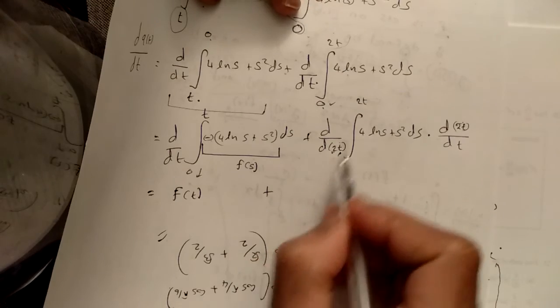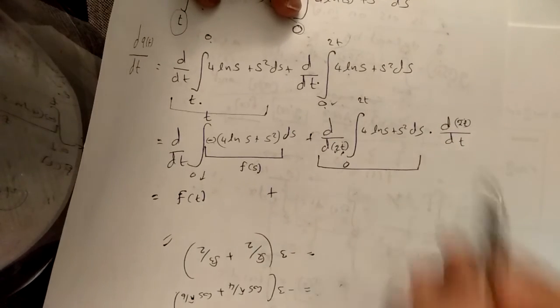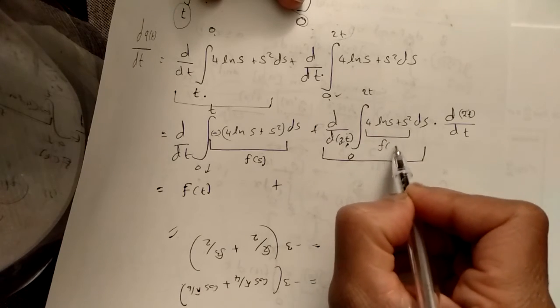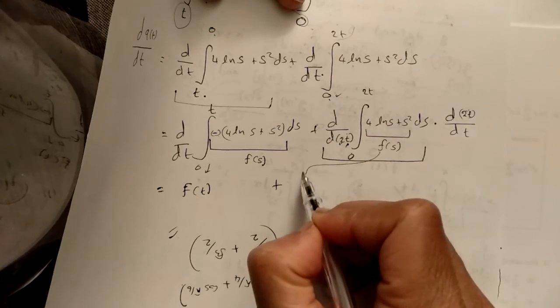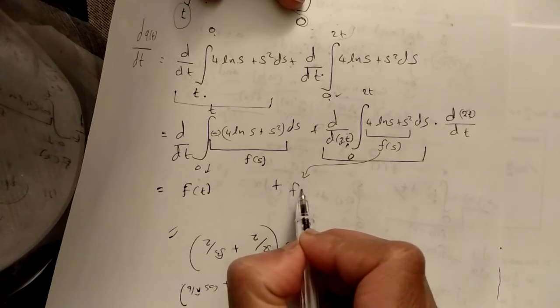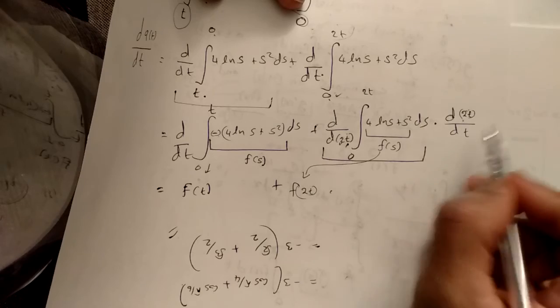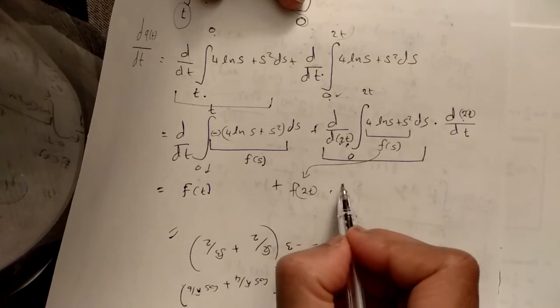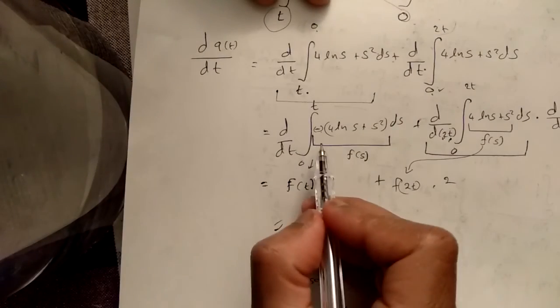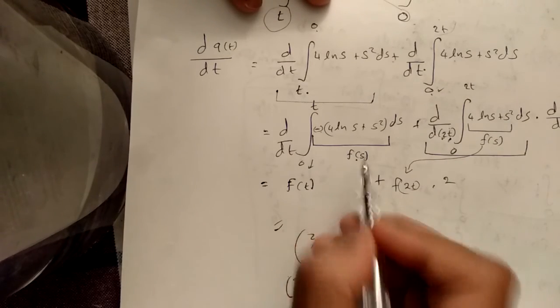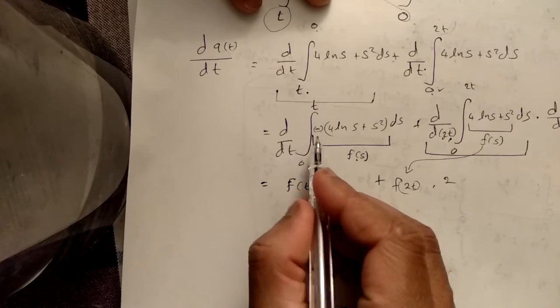Okay, so this will become a direct application of the chain rule. Here you will have f of 2t times the derivative of 2t with respect to t, which is 2. And here, since F(s) is this one, F(t) will be, don't forget the negative sign.